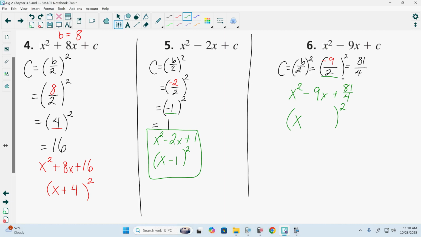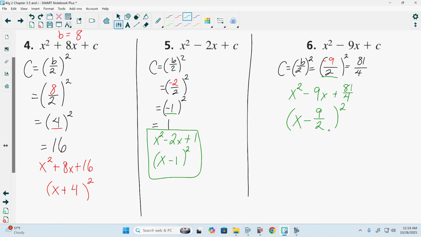Yes? So our factors is going to be x minus 9 halves squared. It gives us a nice, easy way to factor this here. Questions on this here? So we kind of feel comfortable with this here.